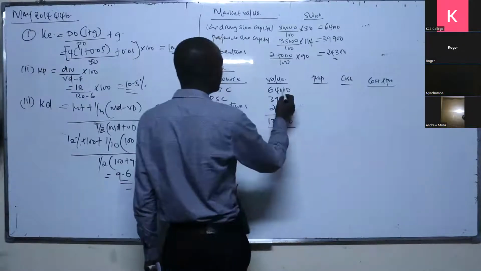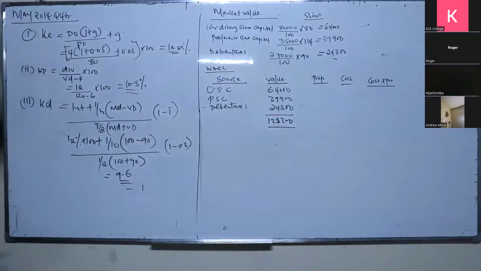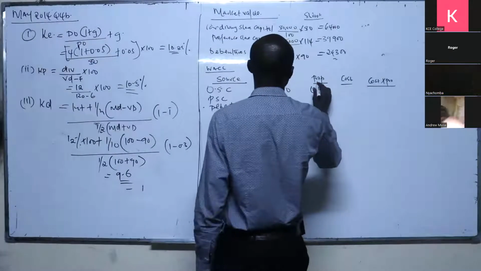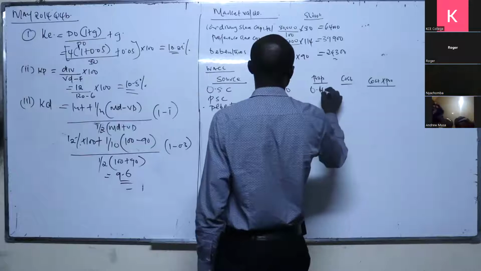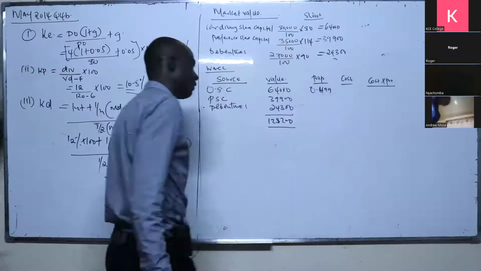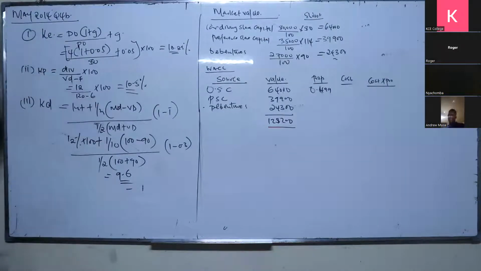So you take 64, you divide by 128,200. What do you get? 0.499. Okay, the other one, 39,900 divided by 128,200. 0.3.